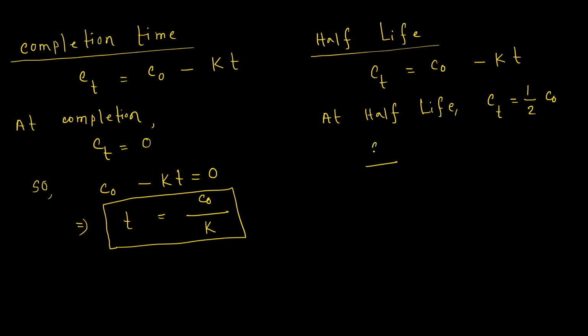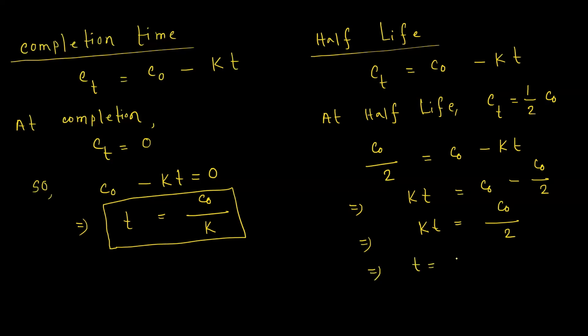So we write C naught upon 2 is equal to C naught minus Kt. So we can write Kt is equal to C naught minus C naught by 2. So Kt is equal to C naught by 2.